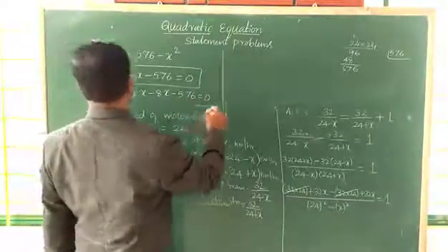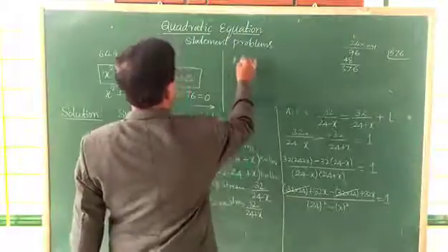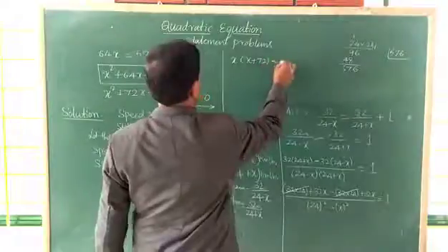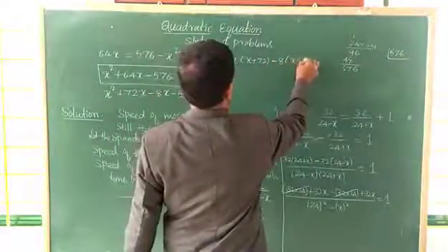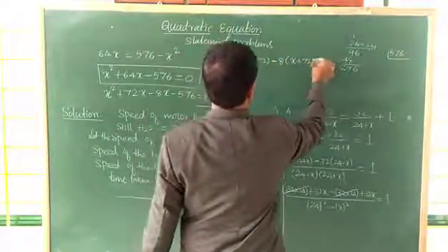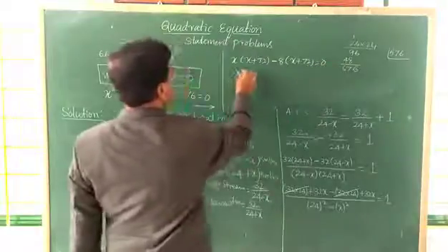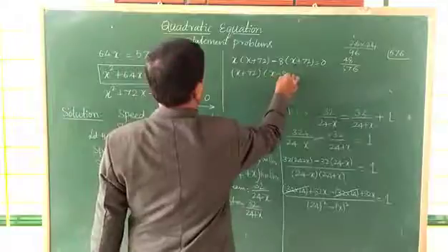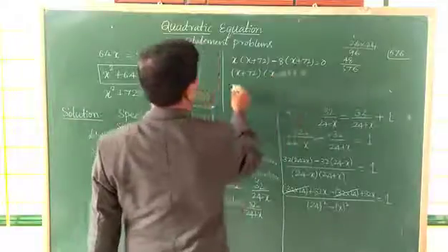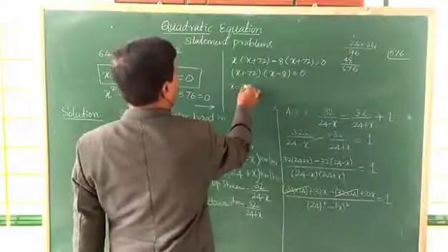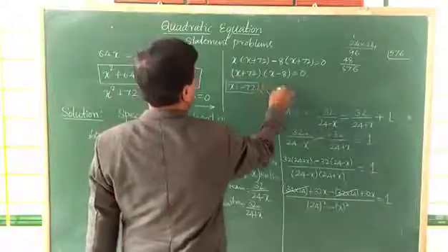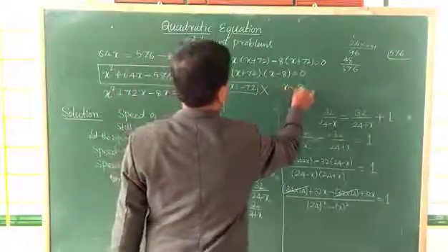Continuing, x into (x plus 72) minus 8 into (x plus 72) equals 0. Now (x plus 72) into (x minus 8) equals 0. So x is equal to minus 72, which cannot be negative, so x is equal to 8.